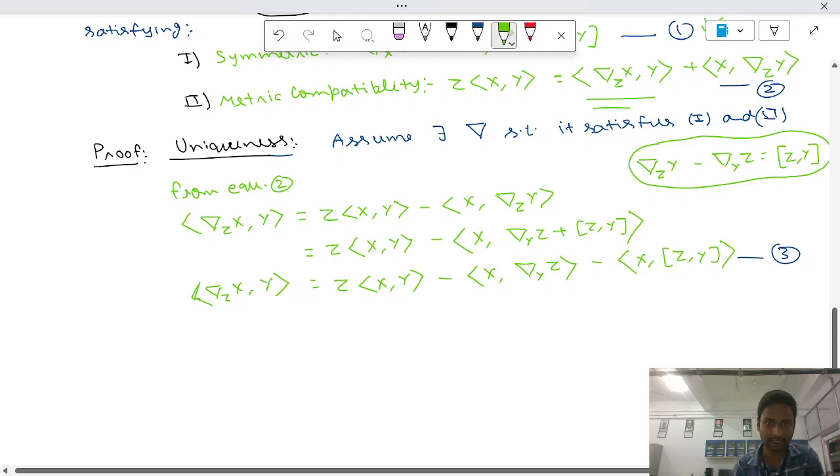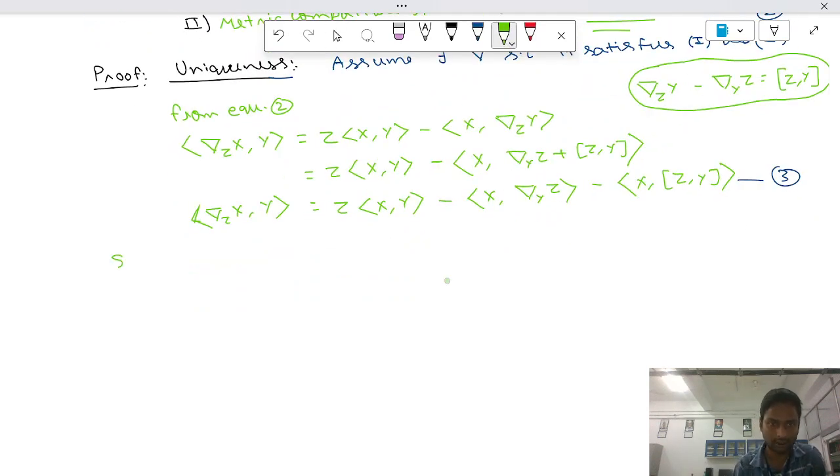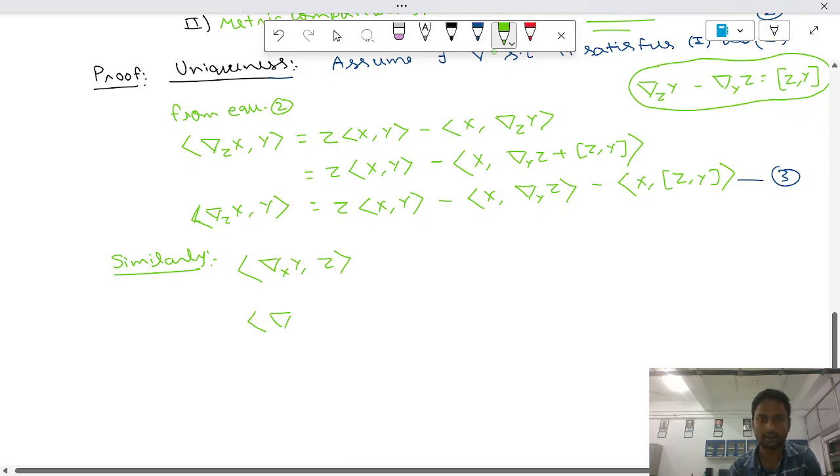Now in a similar manner, you can write two more equations. Don't worry, you don't need to do any calculation. So what are the two more equations? They are basically x, y, z and y, z, x.